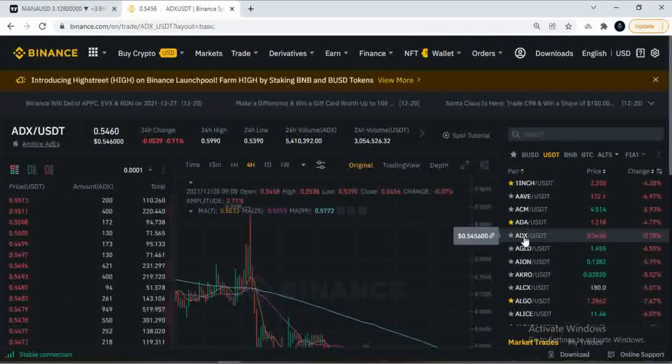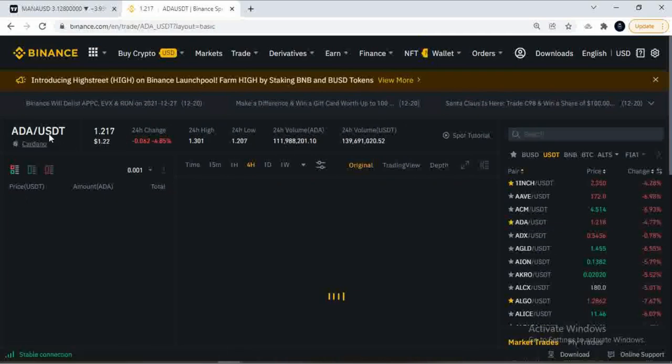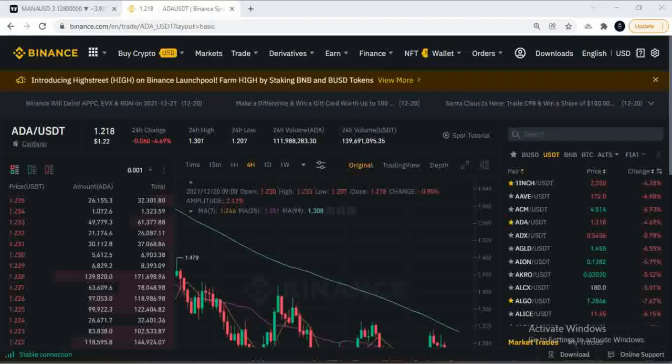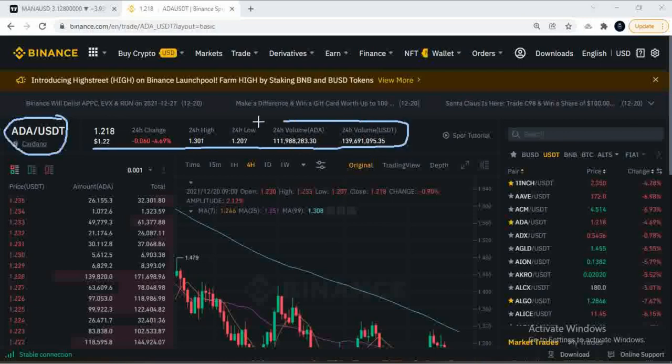I just clicked the wrong thing, let me click ADA. Once you click the asset or the pair you want to trade, it will reflect here. So this is Cardano. Just click that, and we're going to see all this here, what this all means.